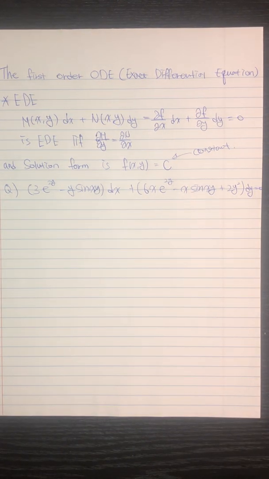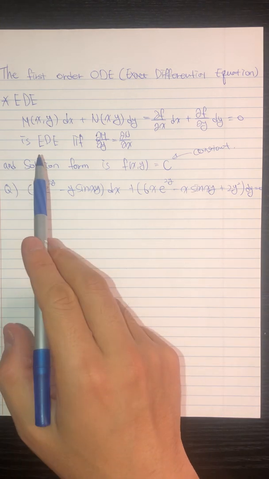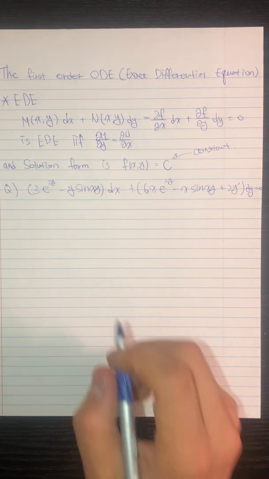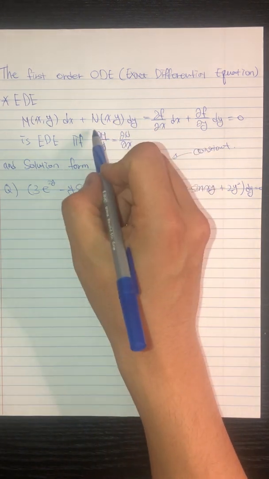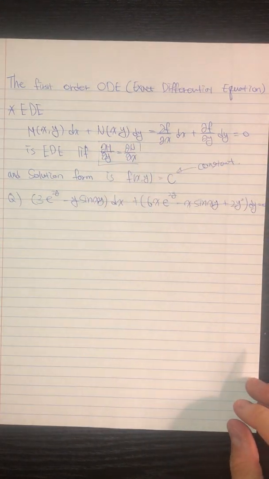Before we start to solve the problem, we're gonna check whether this equation is an exact differential equation or not. How can I do that? Very easy. We can use this theorem.